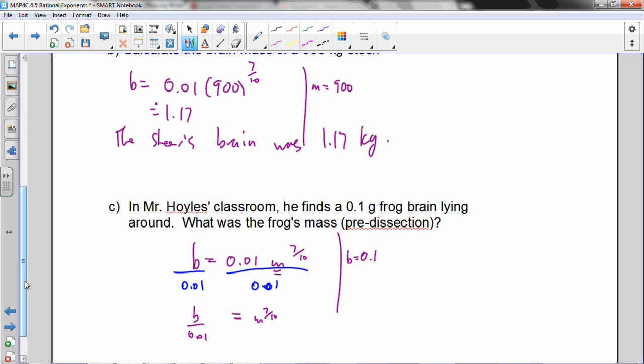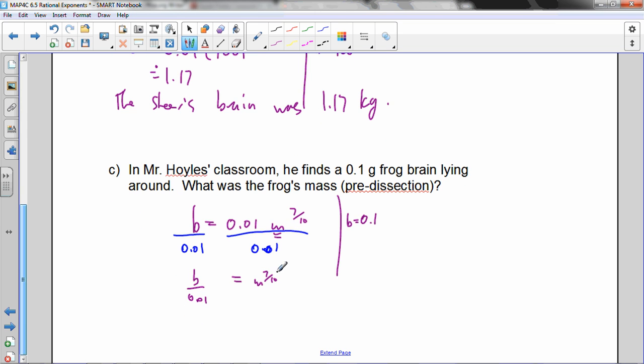Well, here's one of these fractional exponent things. I want to apply the flip exponent, right? Apply the flip exponent to both sides. The flip exponent is 10/7, right? Flip exponent, so that when I multiply these, I'd end up with M to the exponent 1. Well, flip exponent right there.